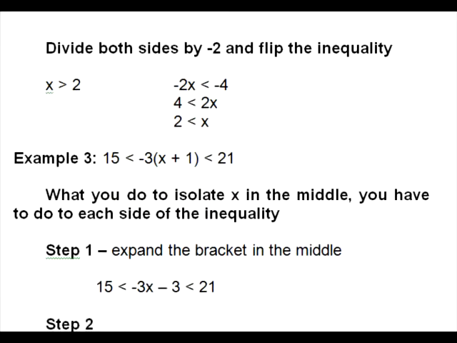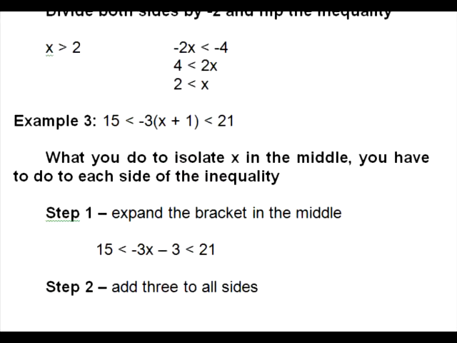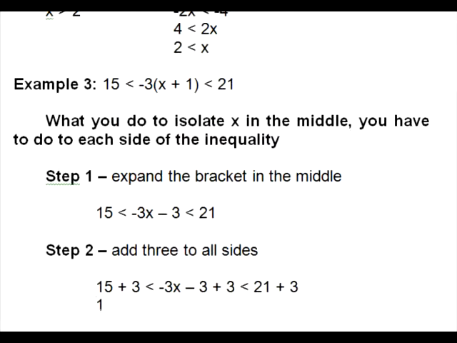Step 2, you want just a plain x in the middle, so I'm going to get rid of the negative 3. So I'm going to add 3 to all sides. So 15 plus 3 is less than negative 3x minus 3 plus 3 is less than 21 plus 3, which is 18 is less than negative 3x is less than 24.